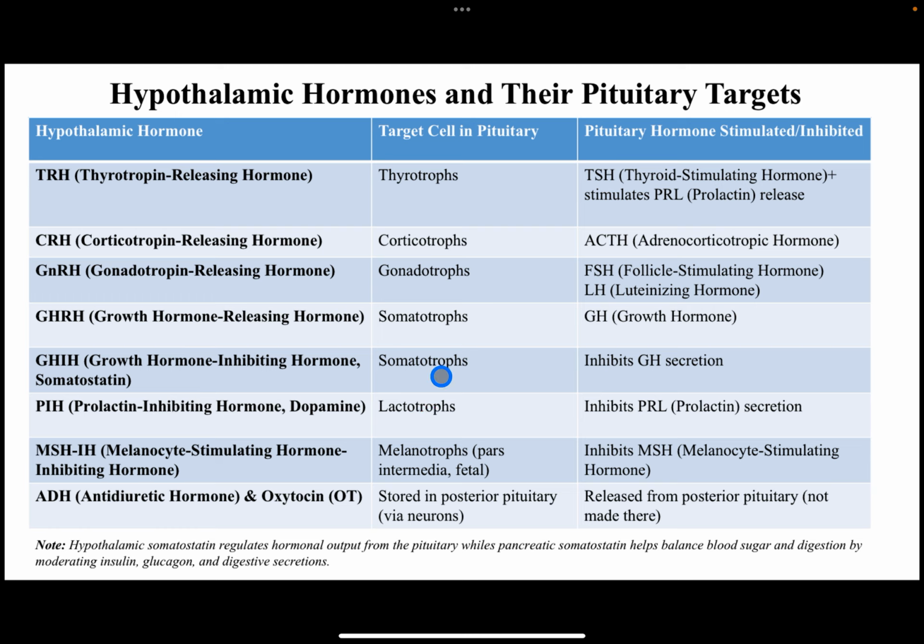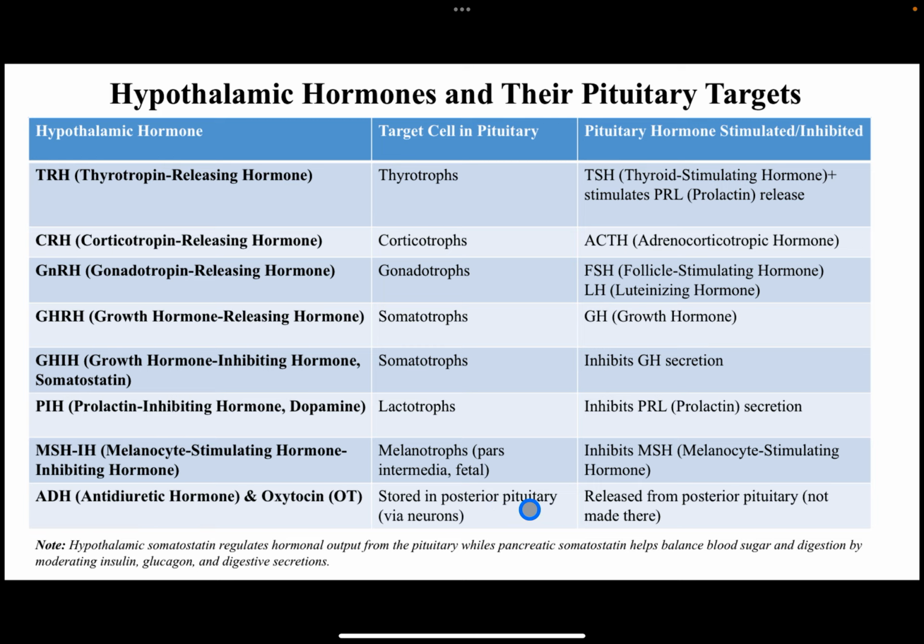Is that okay? We didn't talk of the posterior pituitary because the posterior pituitary only stores hormones. No hormones are produced there. So you can think of the fact that no endocrine producing cells will be there. Do you get it? Because the hormones are produced in the hypothalamus. These two hormones, antidiuretic hormone and oxytocin, are produced in the hypothalamus. Then they are transported to be stored in the posterior pituitary gland.